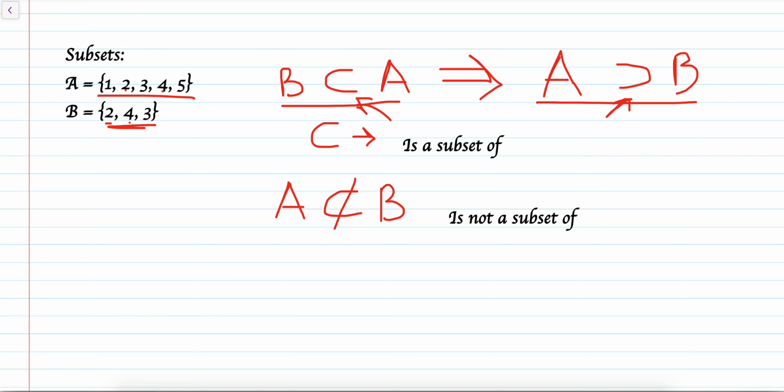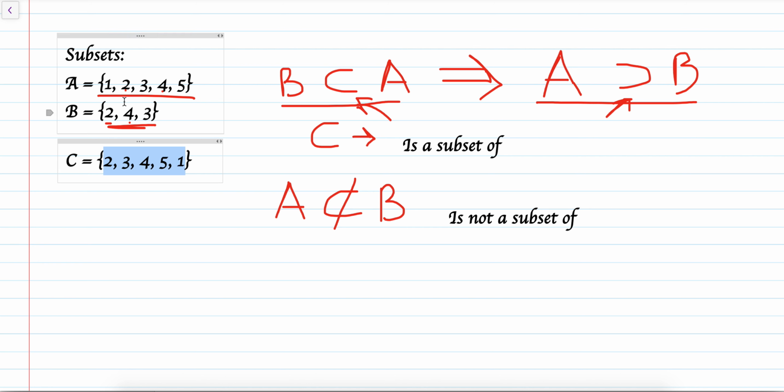But if we have another set, say C, which is also 2, 3, 4, 5 and 1, we see that A and C are basically equal sets.